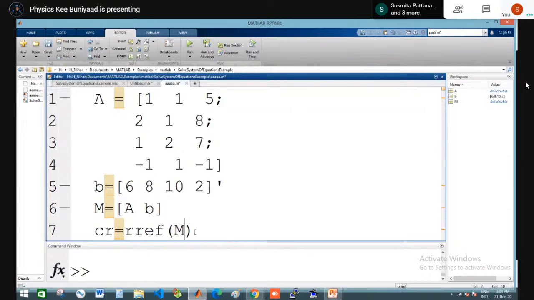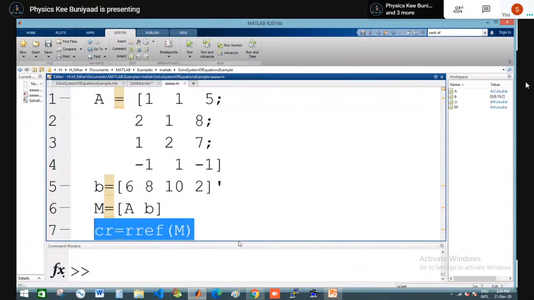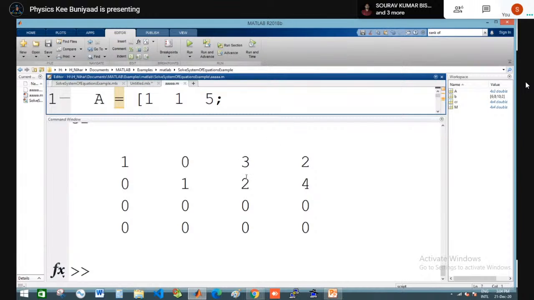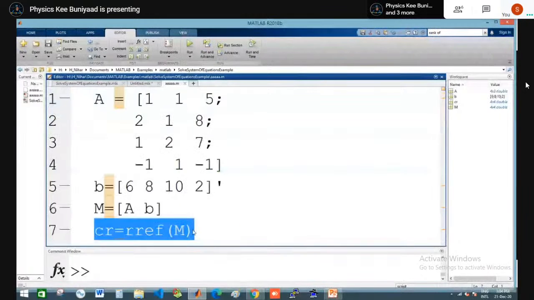Now if I run this command, your matrix is reduced to only two rows. Why two rows? Because its rank is two. The matrix M is a rank 2 matrix.